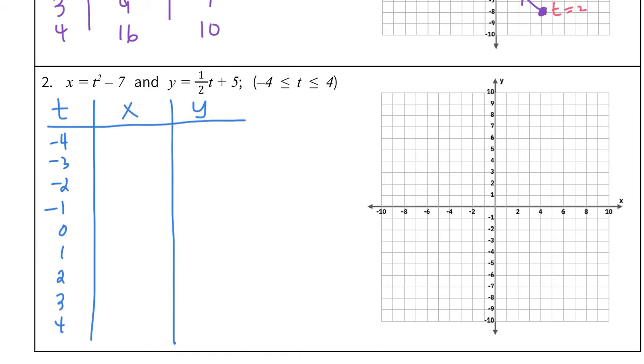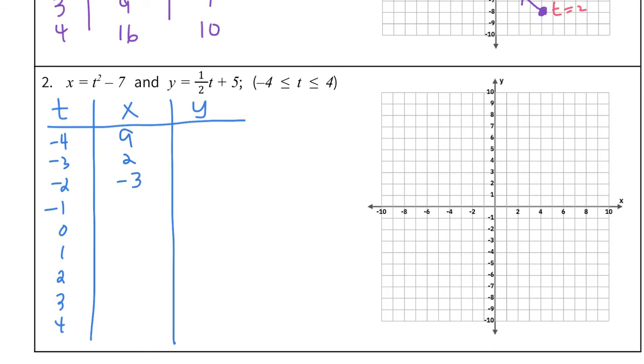Alrighty, so let's look at x. It's t squared minus 7. So if I were to plug in -4, so -4 squared is +16, but then minus 7 gives me 9. And then just keep going down the list. -3 squared is 9, minus 7 is 2. -2 squared is 4, minus 7 is -3.